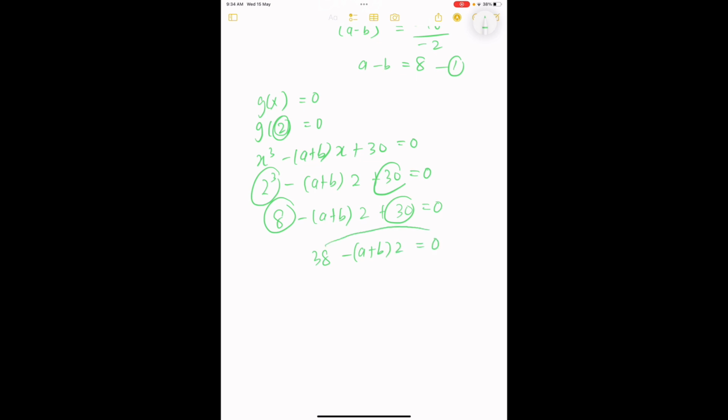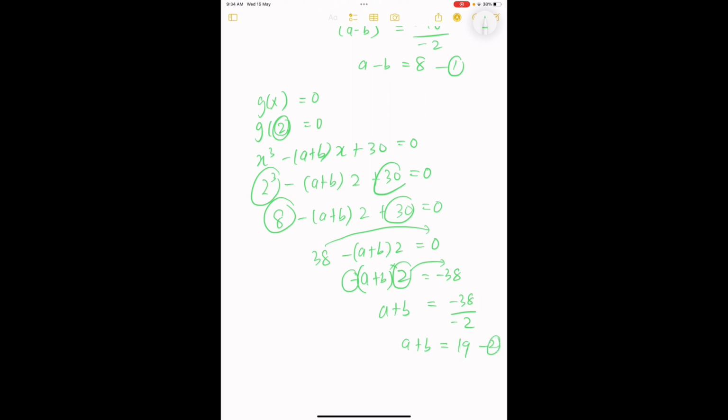So 38 you bring to the right, becomes minus 38, a plus b. This is multiply 2, you bring 2 to the right, becomes divide 2. You can straight away bring the minus sign together. So a plus b is 19, the second equation.